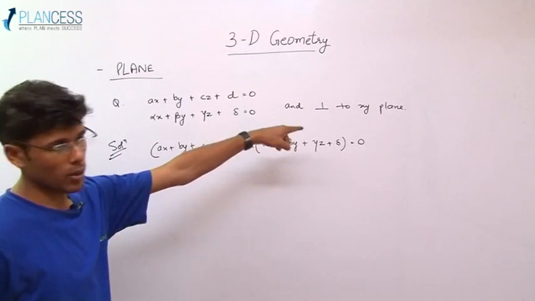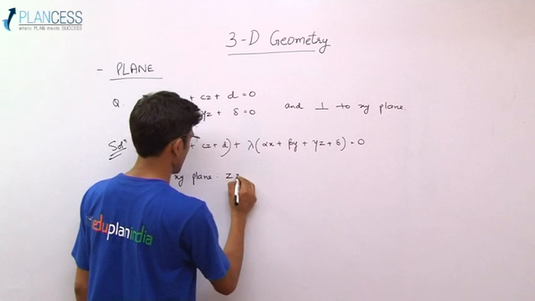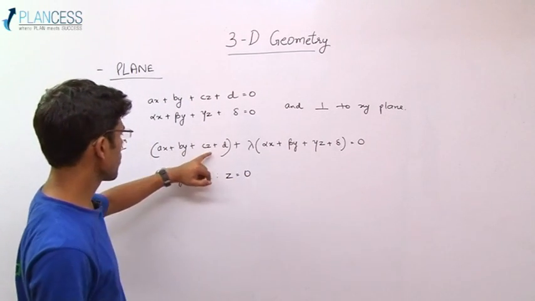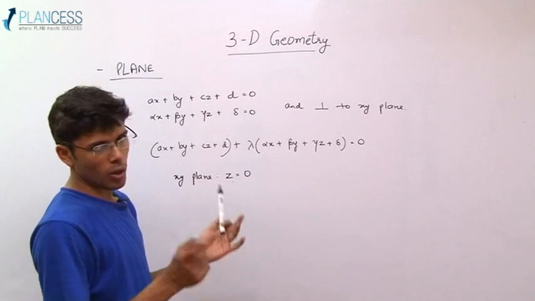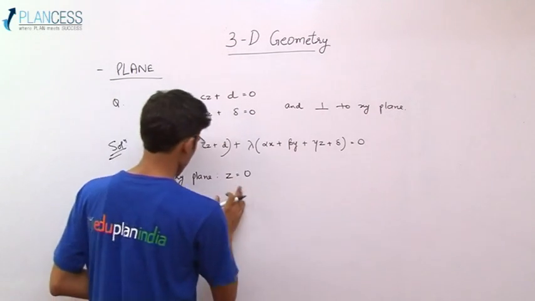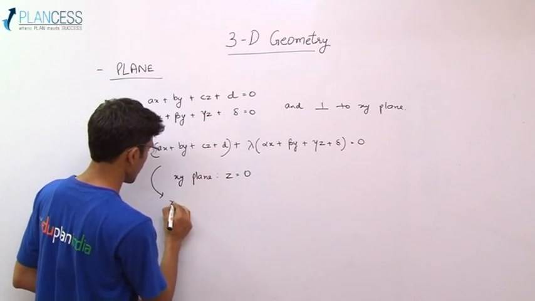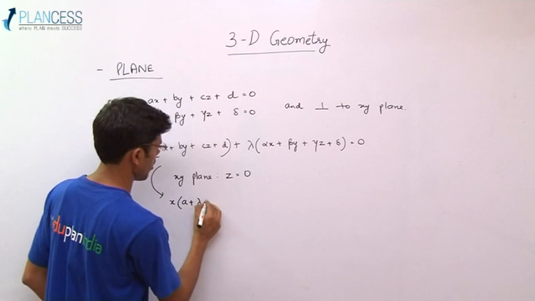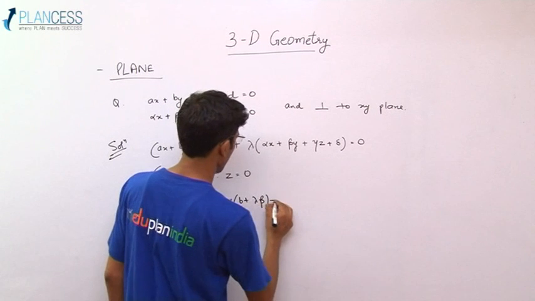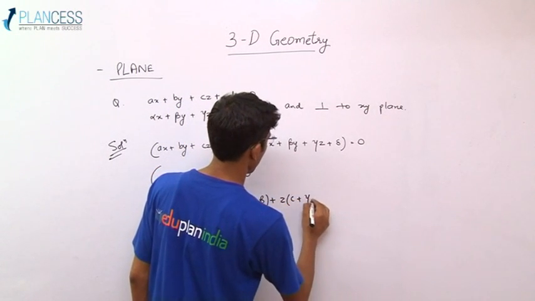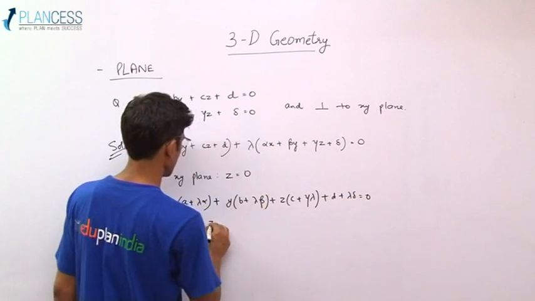Now this plane is perpendicular to xy plane. We know that the equation of xy plane is z is equals to 0. So this is a plane, this is a plane, these two are perpendicular. So the normals of these two planes are perpendicular. This plane can be rewritten as x(a plus lambda alpha) plus y(b plus lambda beta) plus z(c plus lambda gamma) plus (d plus lambda delta) is equals to 0, and this is z is equals to 0.